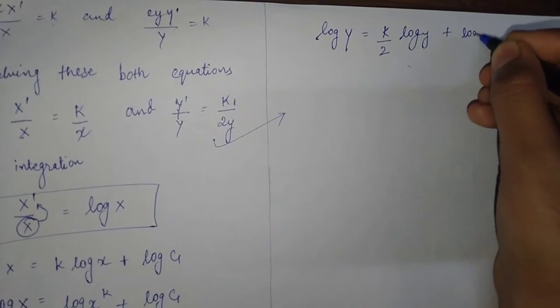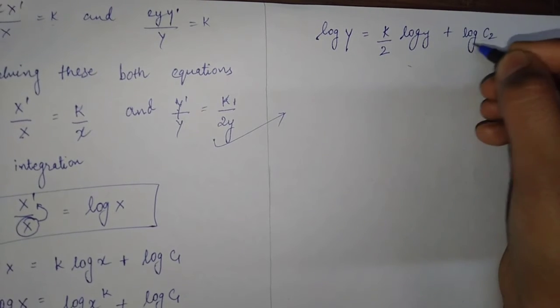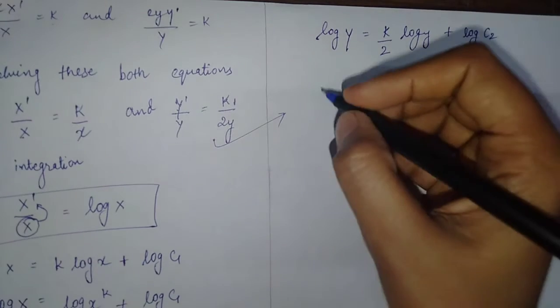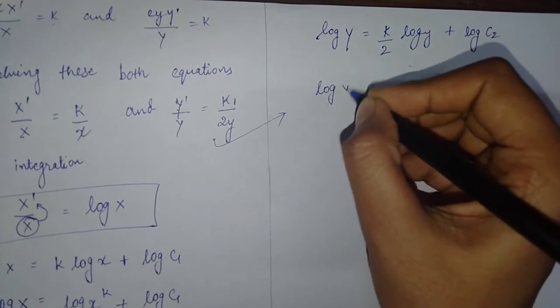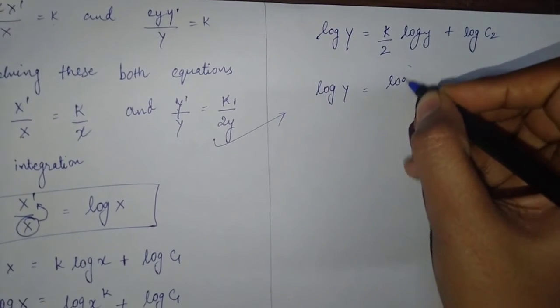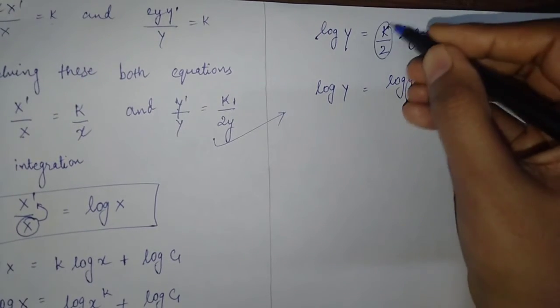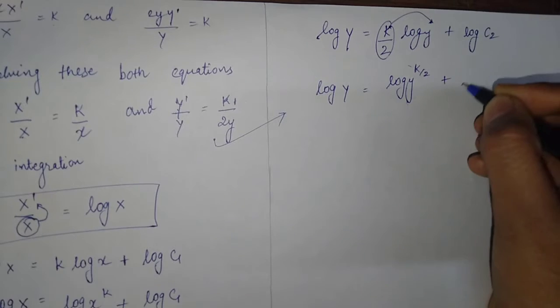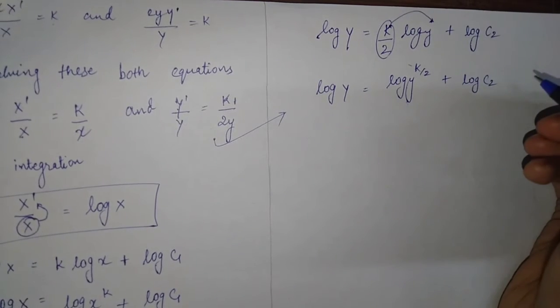Plus log of, we have to add any constant, so let us add log c2. Okay, so here we will get log y equal to, again I can transfer this term here, so it is log y raised to k by 2 plus log c2.